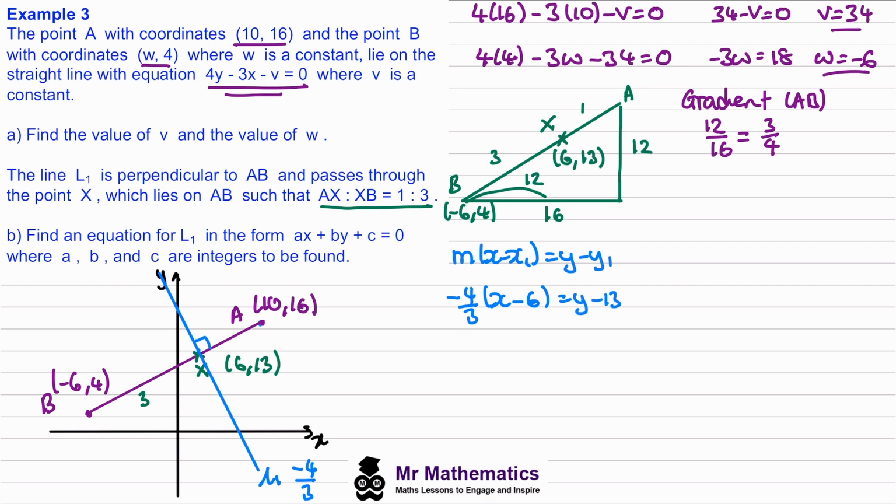We can simplify this by multiplying out the negative 4 and moving this division of 3 to the right hand side. So we get negative 4x plus 24 will equal 3y minus 39. And rearranging it into this form, we get 4x plus 3y minus 63 will equal 0. Okay?